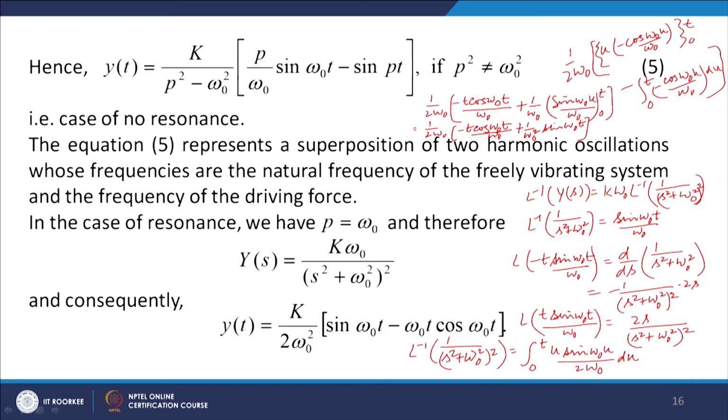You can take 1 over omega naught outside, so 1 over 2 omega naught square, and you can take omega naught square outside. So, what you get there is 1 over 2 omega naught cube times minus omega naught t cos omega naught t plus sin omega naught t.